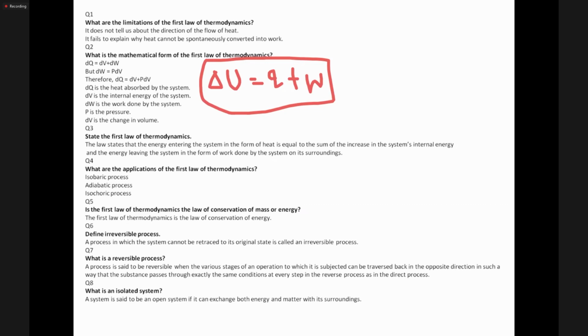What are the applications of the first law of thermodynamics? We can apply it to some different processes. The first one is the isobaric process.